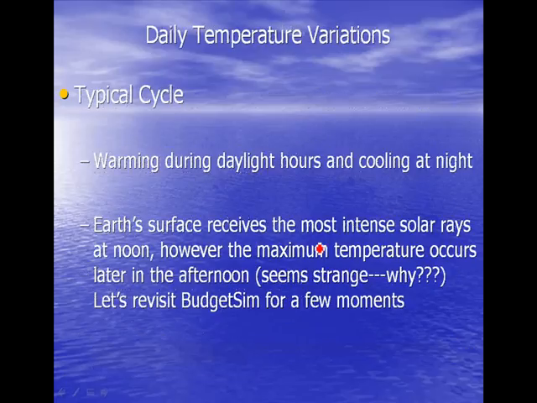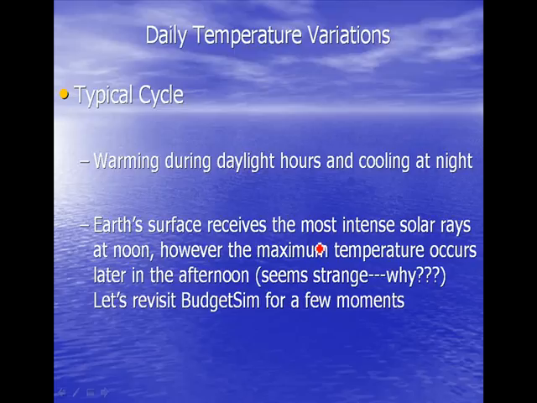Well, let's get even smaller in terms of a time scale. Let's talk about daily temperature variations. Part of this course, as you know, is weather forecasting, so you need to understand how temperatures change. You've experienced this, a typical cycle during the day. Typically, we begin to get warmer during daylight hours, and we know because of the incoming solar radiation, this is part of the reason.